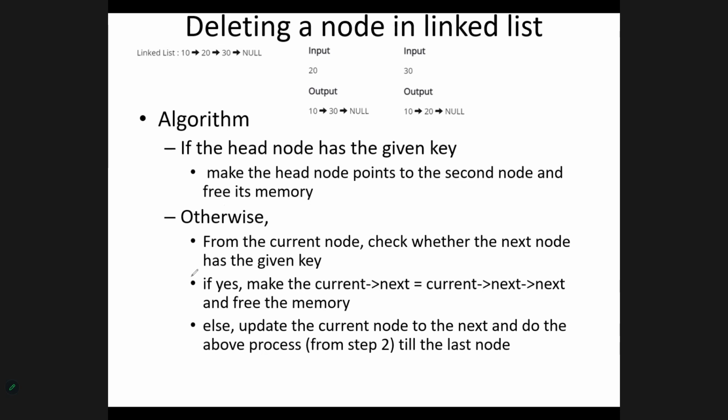So we iterate with the loop. If the head node has the key, very easy. Otherwise, we need to find the key, the position, and delete. Very easy.